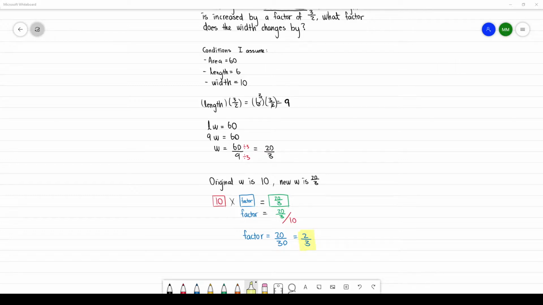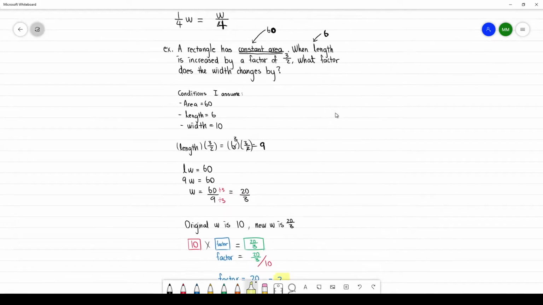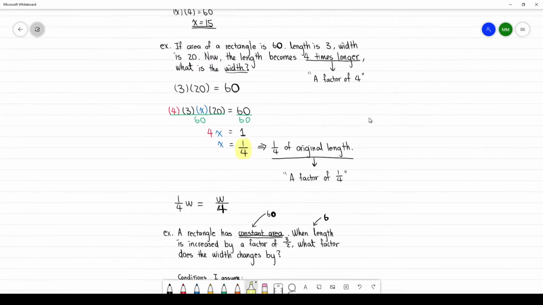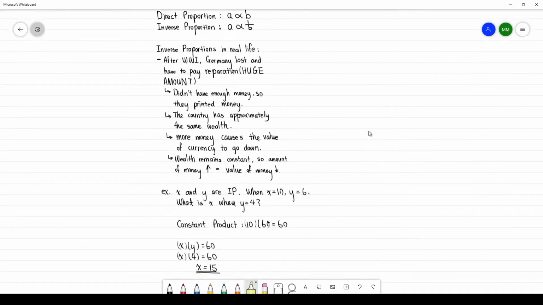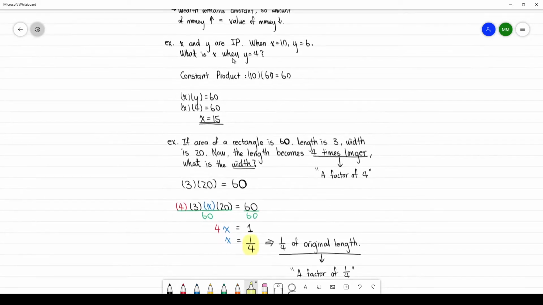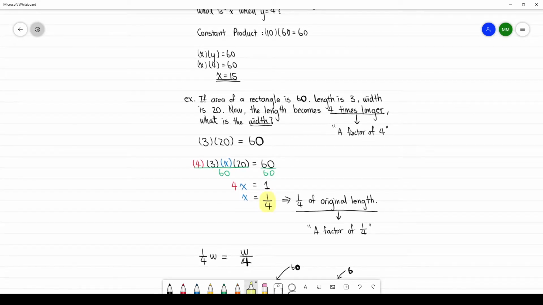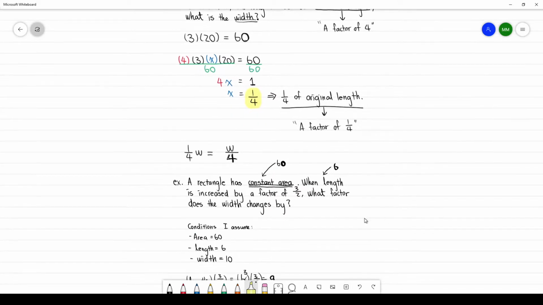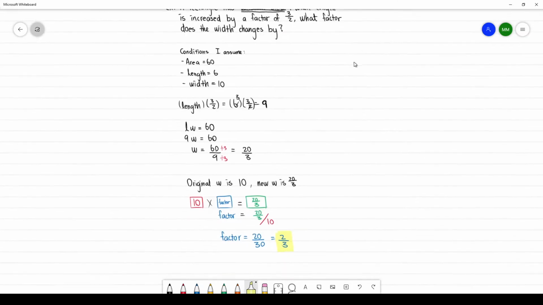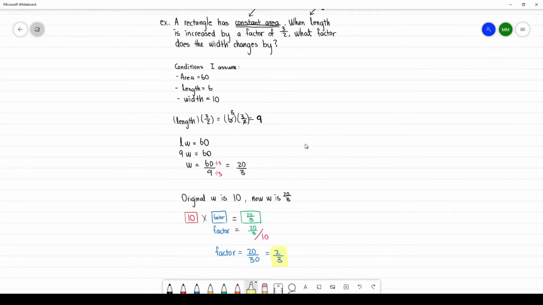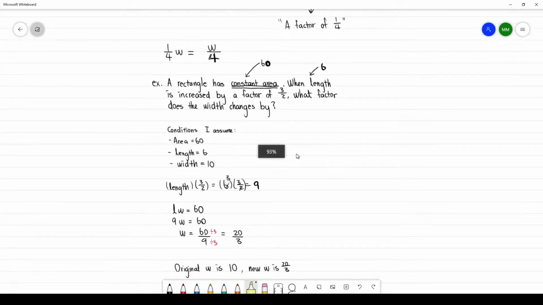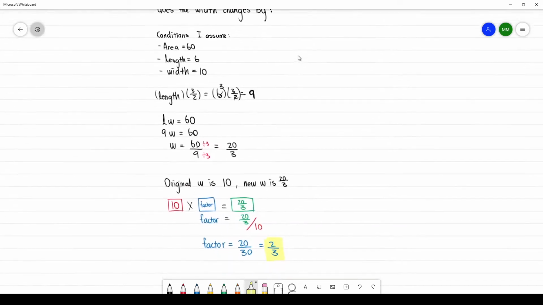I was going through all these examples, and it seems really frustrating sometimes how to find out what the width is, like find out the factor. But it's actually really, really simple. When you find the pattern, it is really simple.